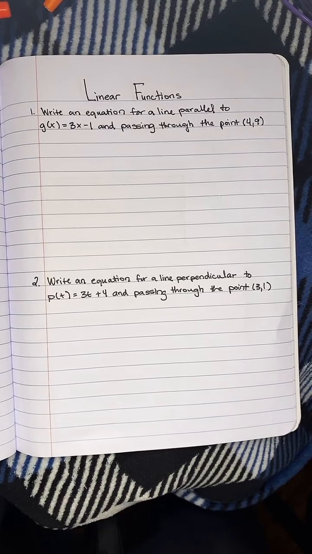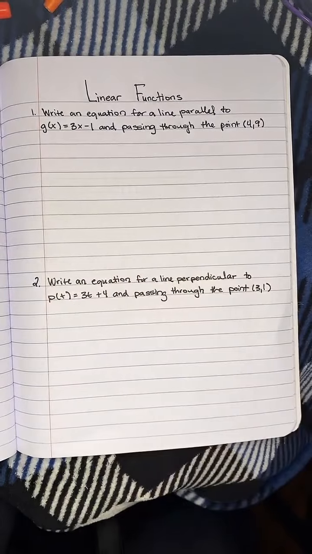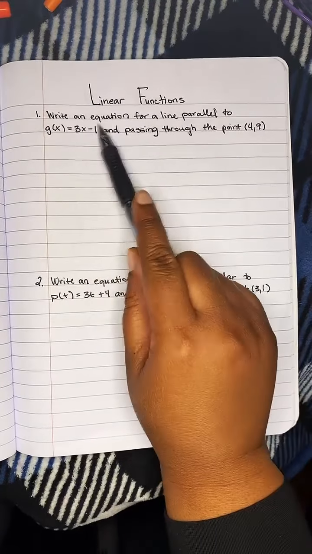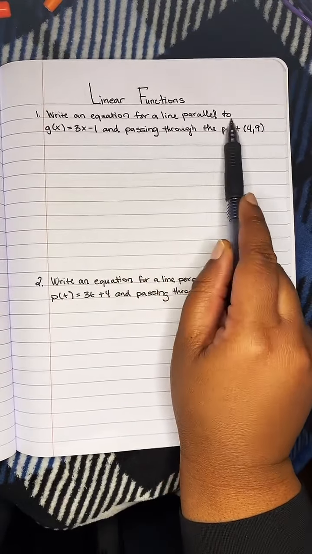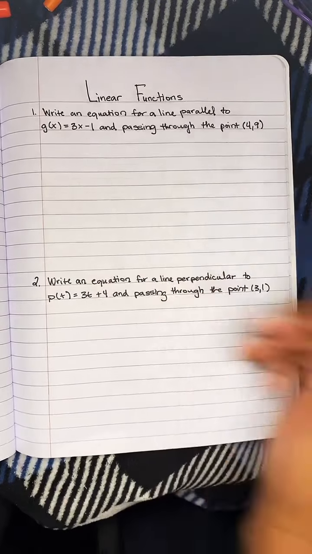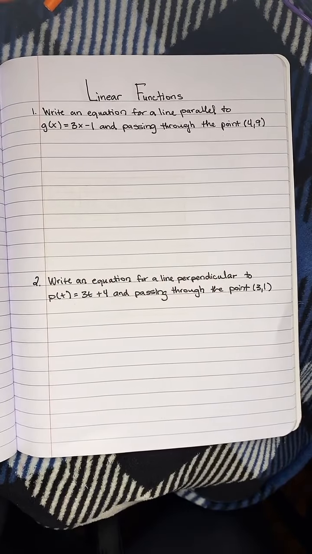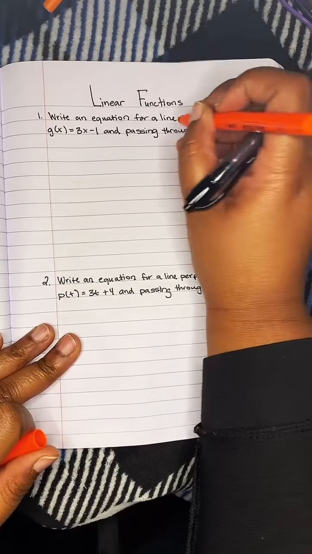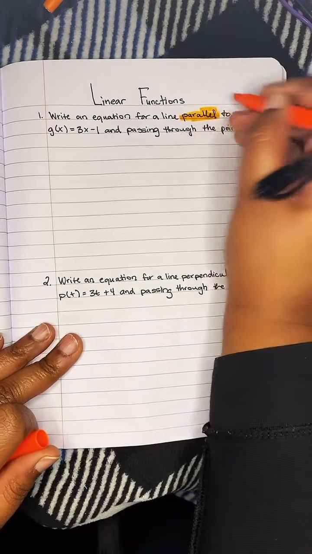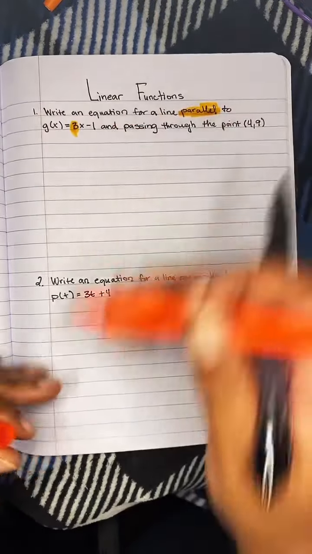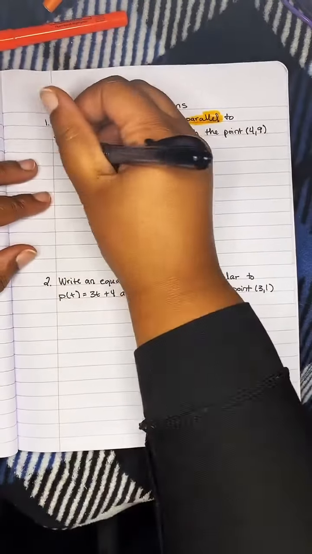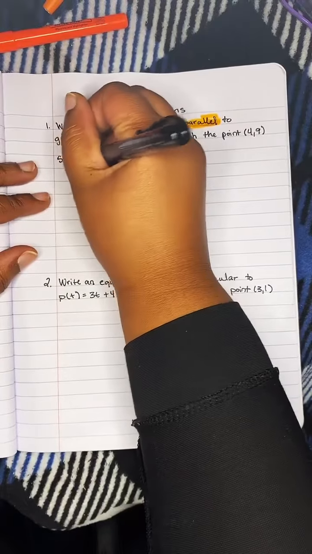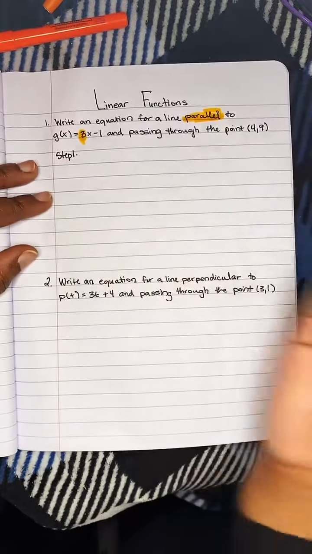All right, so let's work on this one. Write an equation for a line parallel to g of x equals 3x. When we're trying to write a parallel line, remember, parallel lines have the same slope. So our step 1, I'm going to write each step out.